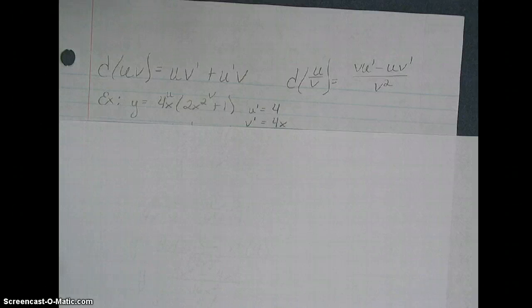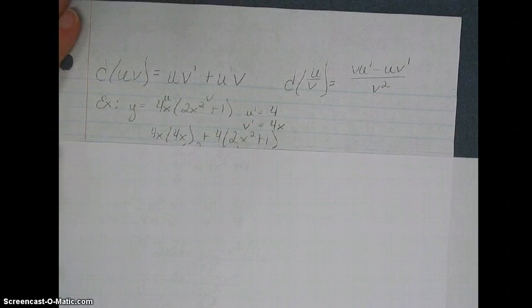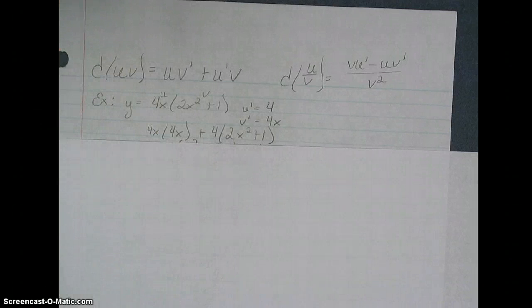Okay, so for our examples, we have y equals 4x times the quantity 2x squared plus 1. For this, our u is 4x and v is 2x squared plus 1. The derivative of u is 4 and the derivative of v is 4x. So then you just use the rule and you do 4x times 4x plus 4 times the quantity 2x squared plus 1.